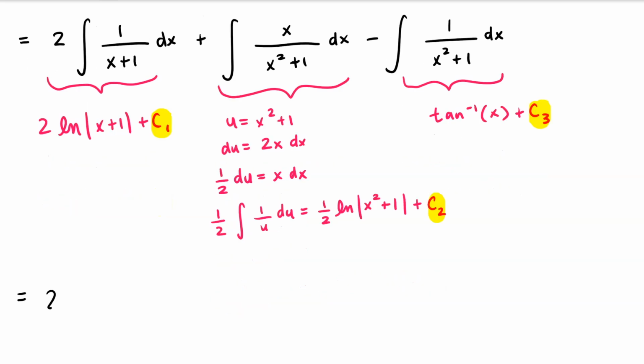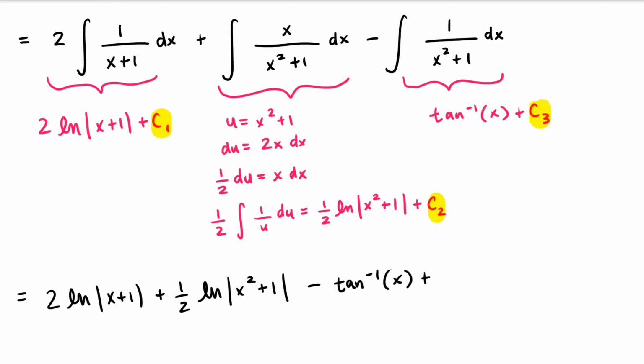We're going to end up getting 2 times the natural log of the absolute value of x plus 1 plus 1/2 times the natural log of the absolute value of x squared plus 1 minus tangent inverse of x plus c.